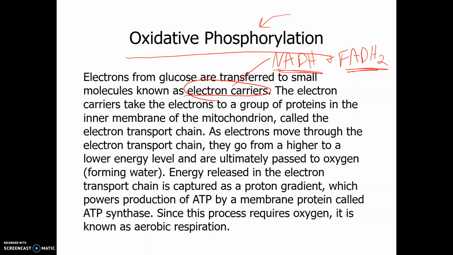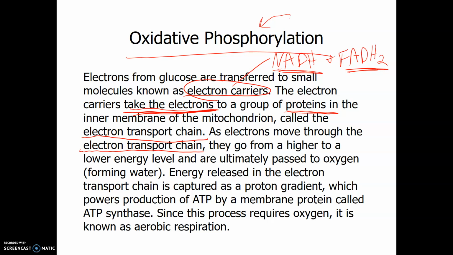So the electron carriers take the electrons, which are found within their hydrogen atoms, to a group of proteins in the inner membrane of the mitochondria. And this group of proteins is called the electron transport chain. As the electrons move through the electron transport chain, every time they're passed down from one protein to the next, they go from higher energy to lower energy.